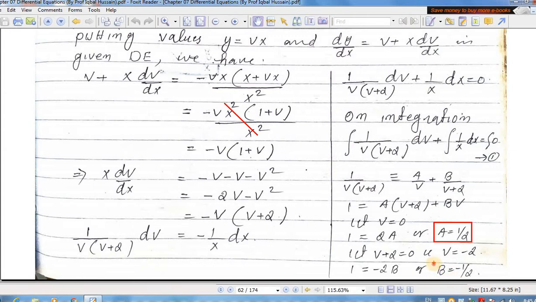So the values of a and b will be substituted here, and then we will take integration of both sides and try to find the value of the right side. After finding the value, we will put the value here. Hence we will proceed to the next slide.